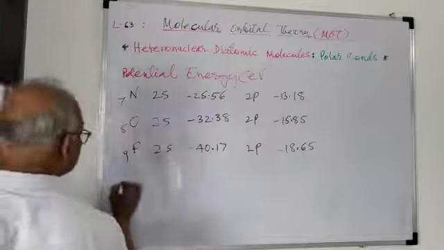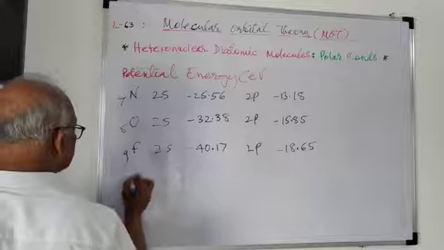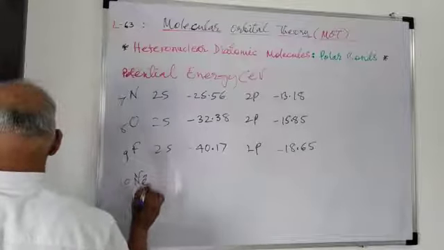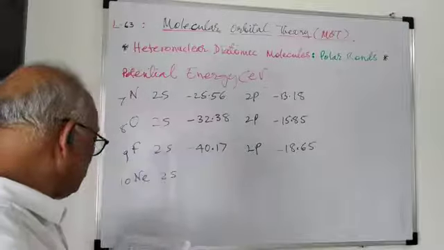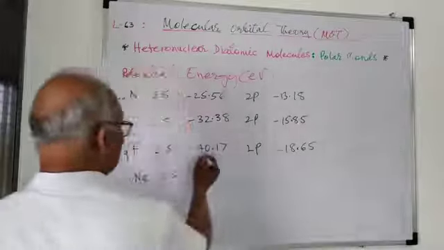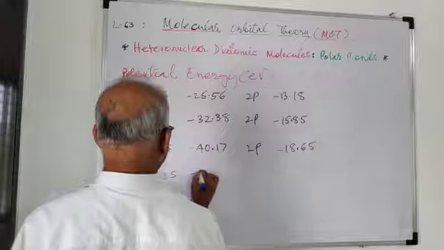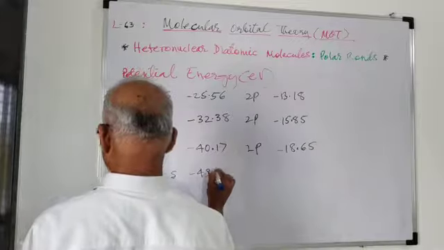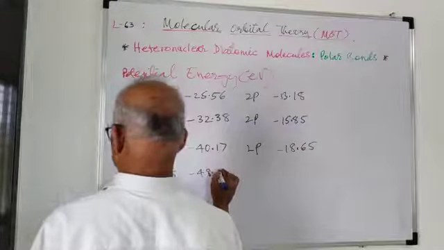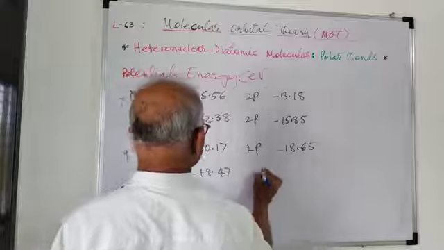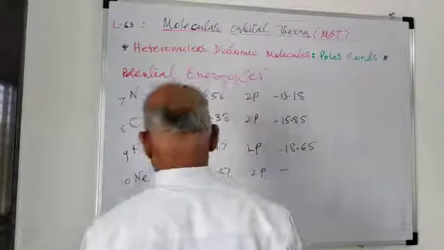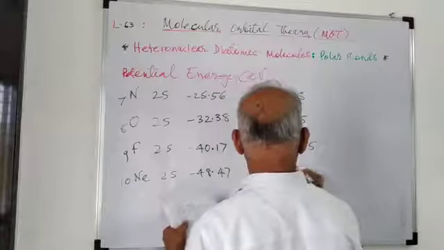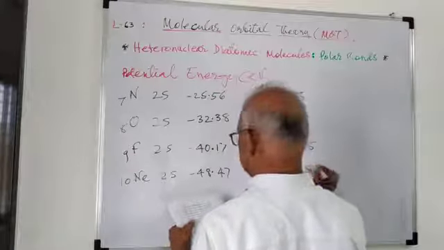And there is the 10th atomic number, neon, where 2s is also there. The value again increases to minus 48.47. There is 2p having a higher value, that is minus 21.59.